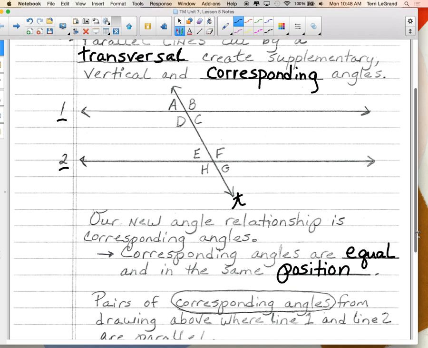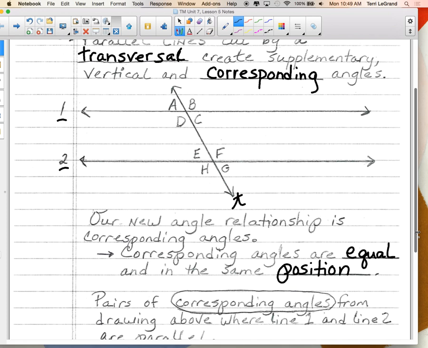Think of the rows of tables in this room as the parallel lines. So what do you think, Wade? C. We're looking for the corresponding angle, the angle in the same position as angle A. So far we've had D and I said no, and now you say C and I'm going to say no. Sorry.